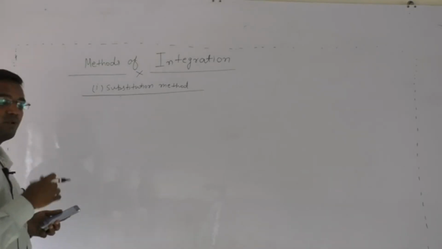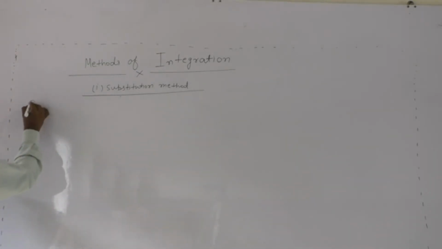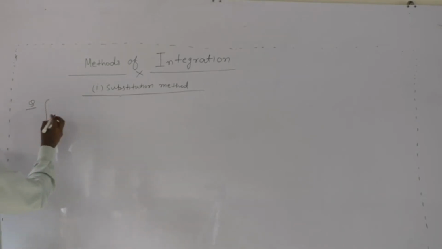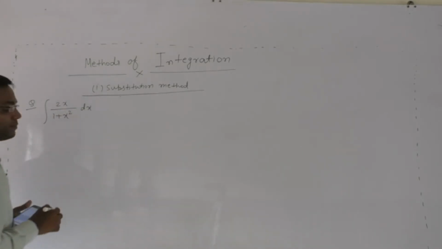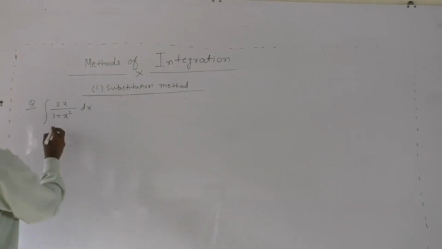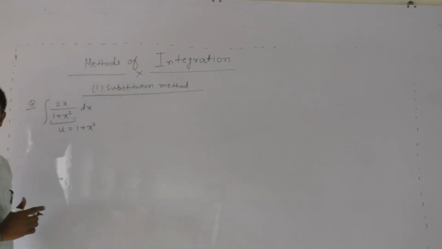Now let's see more problems on the substitution method. The question is integrate this function 2x by 1 plus x square dx. So here very simple, we can assume this as u equals to 1 plus x square.